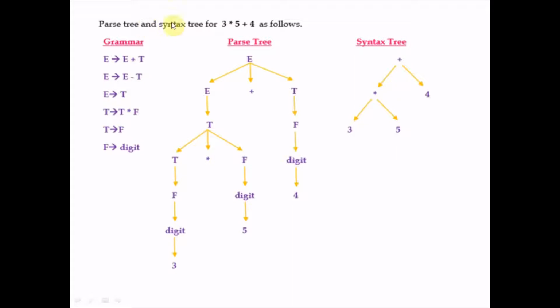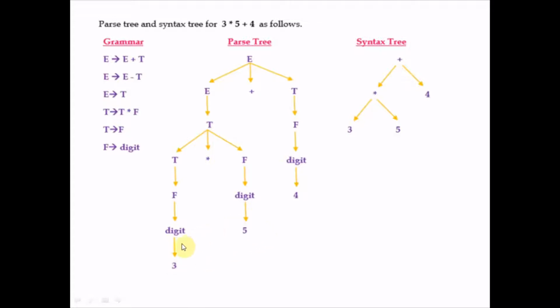A parse tree and syntax tree for the expression 3 * 5 + 4. The given grammar is E → E + T, E → E - T, E → T, T → T * F, T → F, and F → digit. The corresponding parse tree will be E → E + T, E → T, then T → T * F, T → F, F → digit, digit to 3.